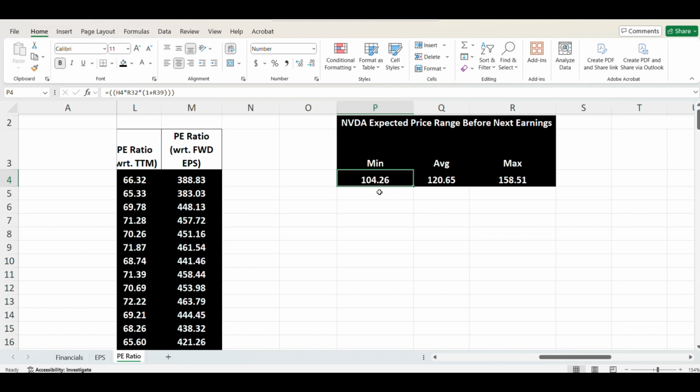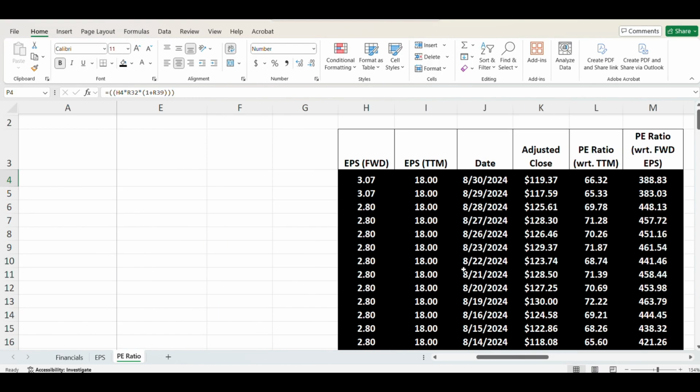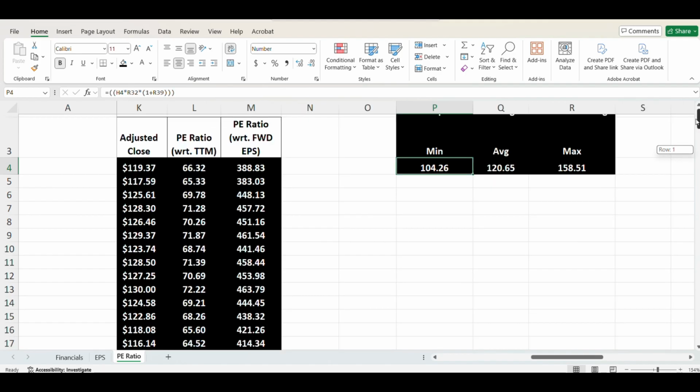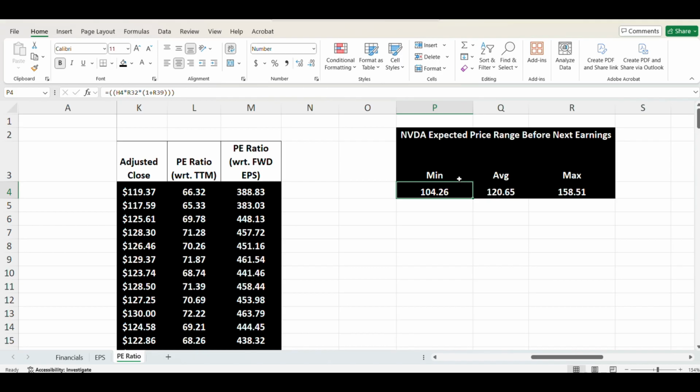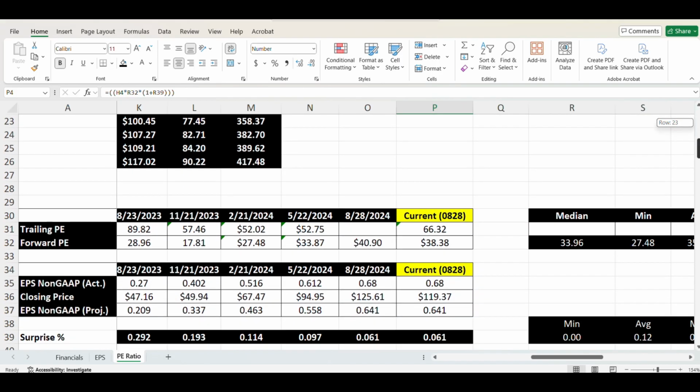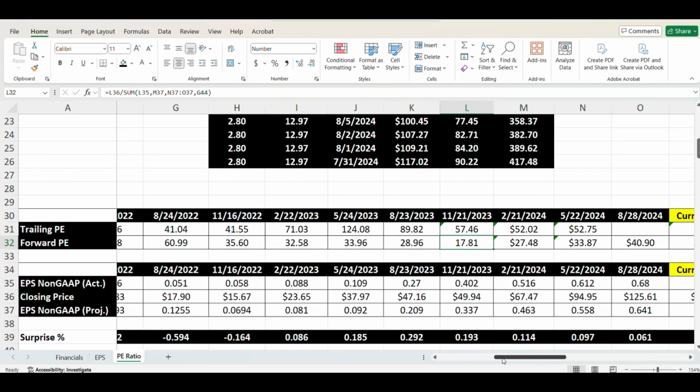So starting with the minimum, the first factor I have is H4, that is EPS forward, that is this guy. And the second factor is the median value of the forward PE, that is R32, and that is this guy, excluding any outlier. For example, this one, I excluded. And also if the forward PE is too high, I also excluded them.